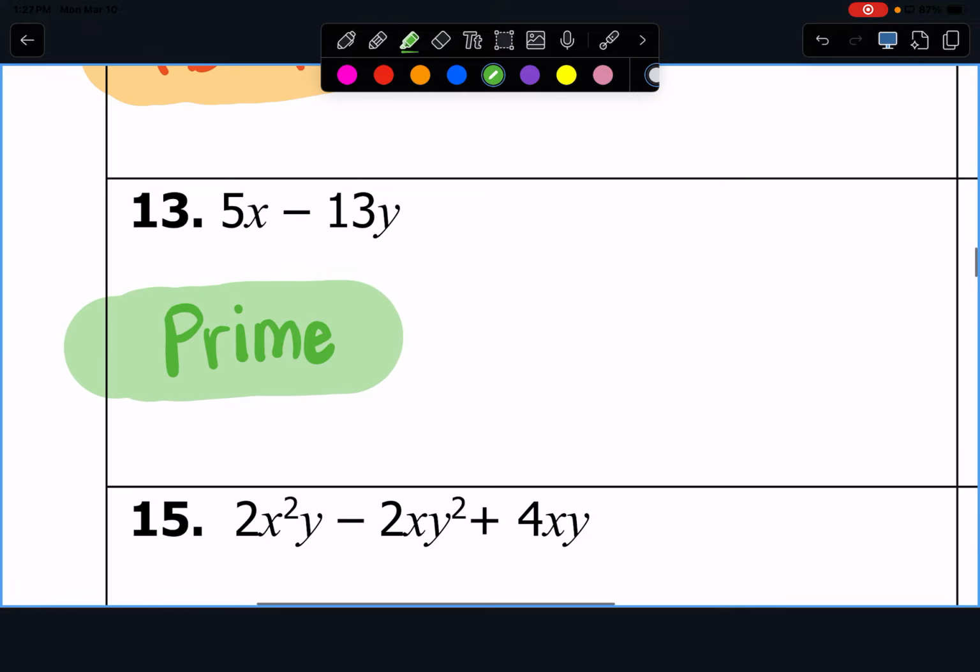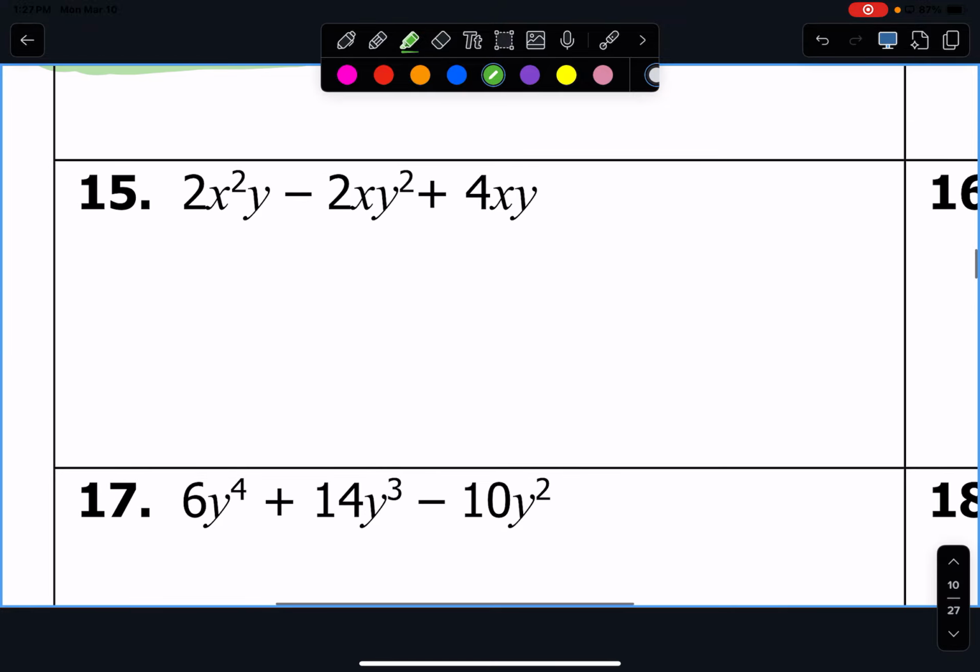All right. For number 15. What is our GCF? 2xy.